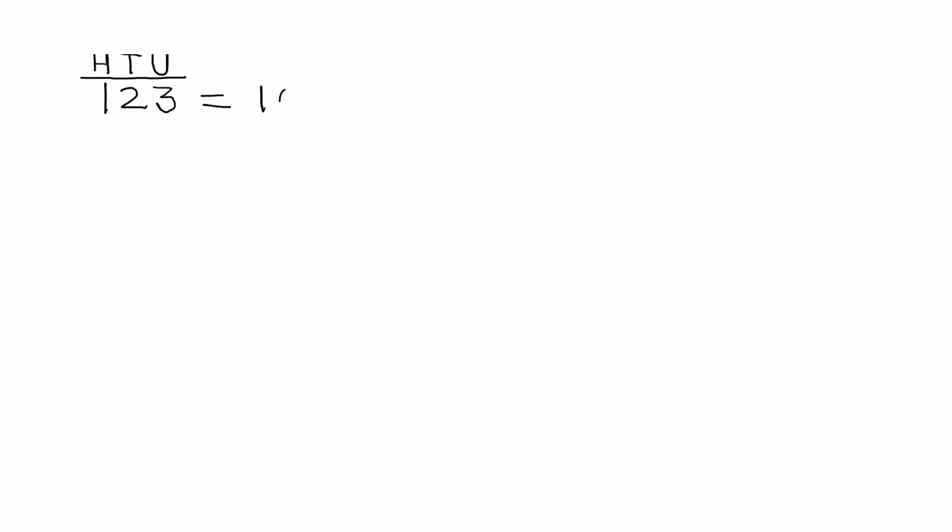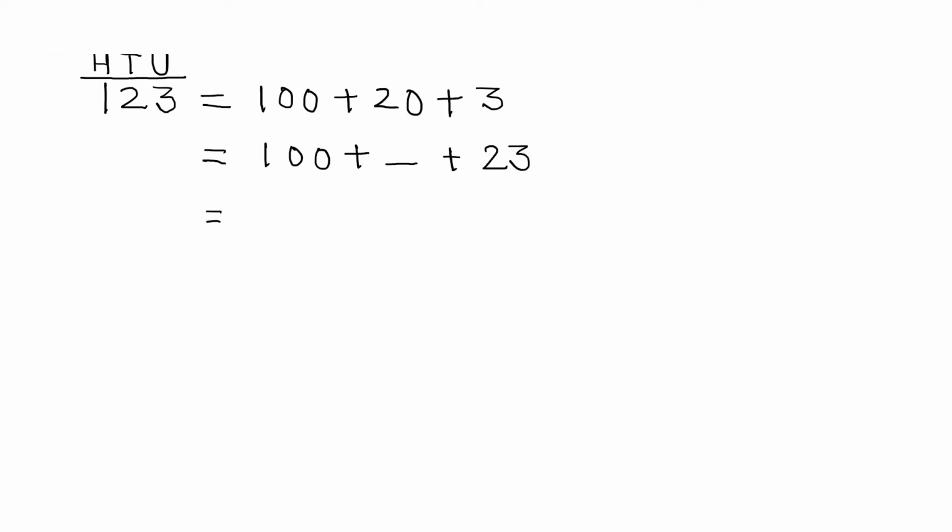Now can I write it as 100 plus 20 plus 3? Yes. At the same time, can I keep 100 as constant here? And then in that case, this place goes vacant and then I'm writing it as 23. Next, can I put this place as vacant?